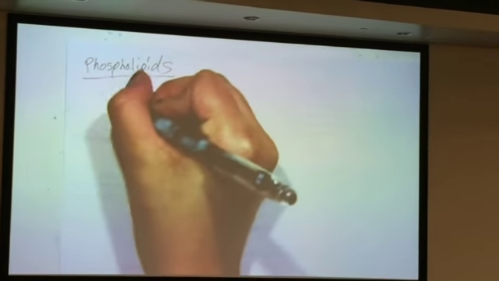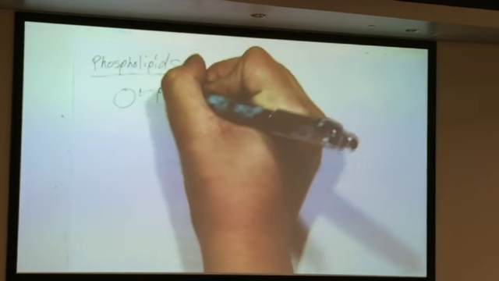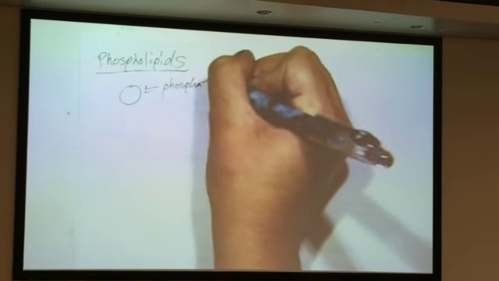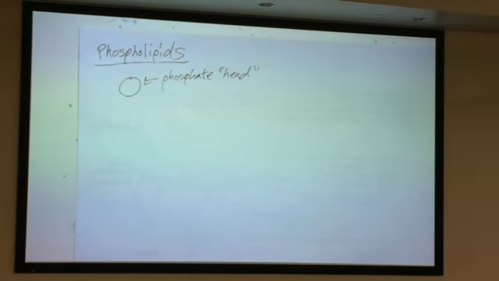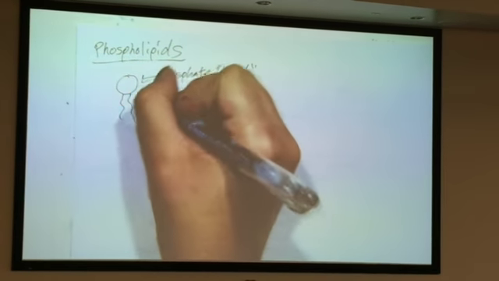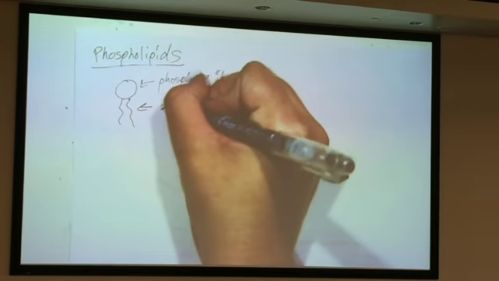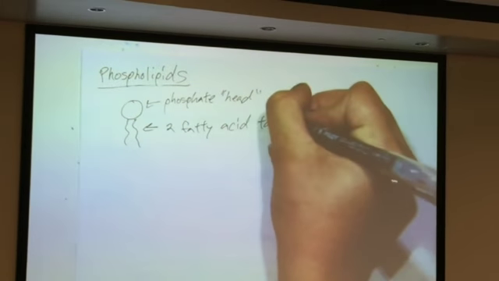As it may seem to be the case. But a phospholipid is simply a phosphate head, they call it. It's like the top of it. And then we have two fatty acid tails.